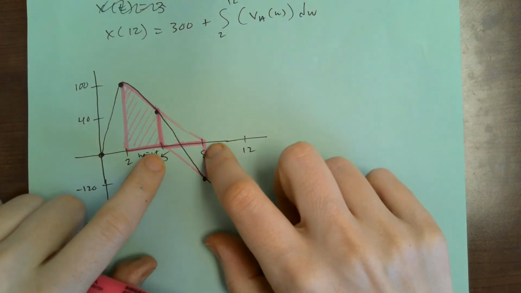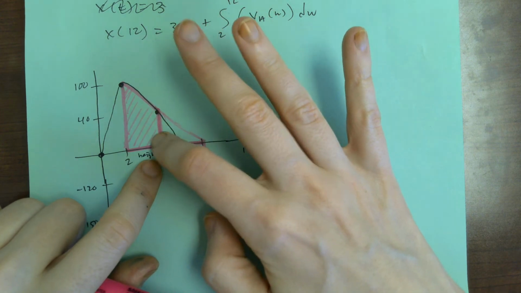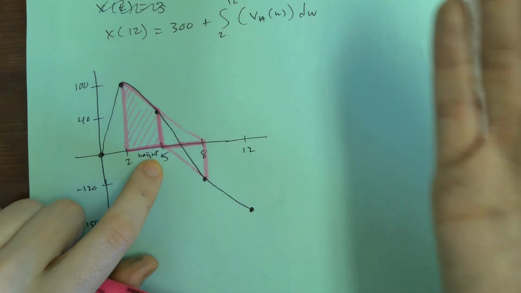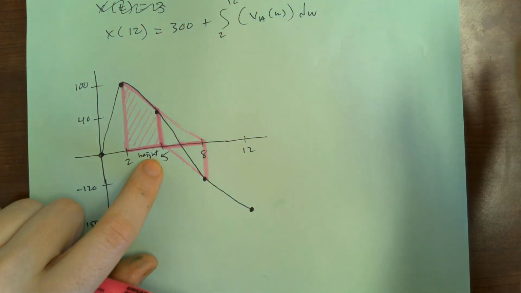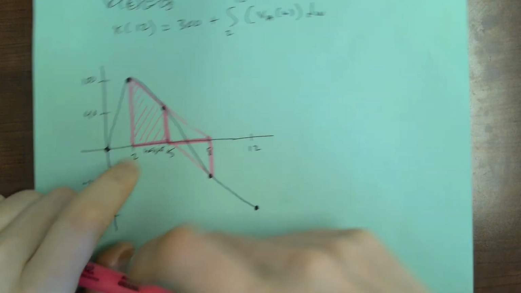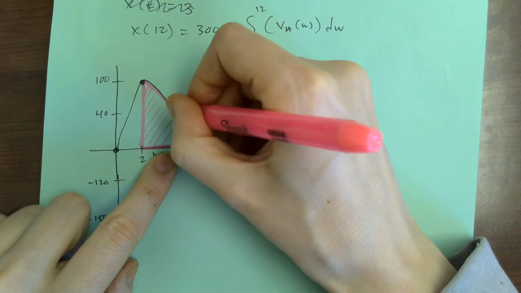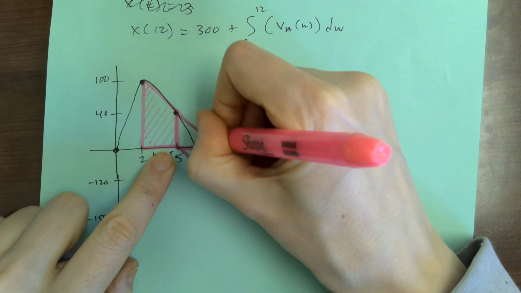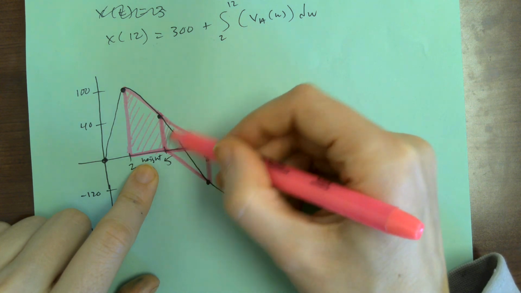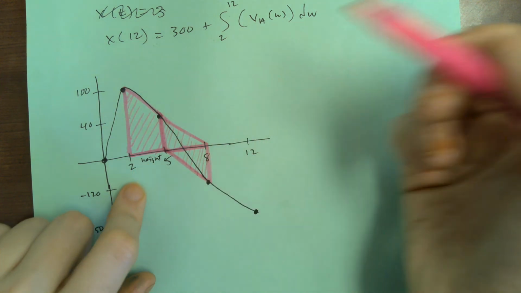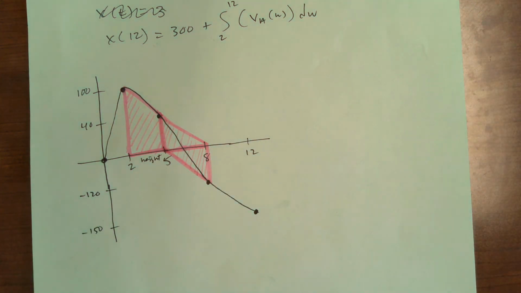So it would be 1/2 base 1 plus base 2 times the height. I guess that would work. Yeah, I guess this does work. I guess that is technically a trapezoid, because a parallelogram is a type of trapezoid. I don't like it though.